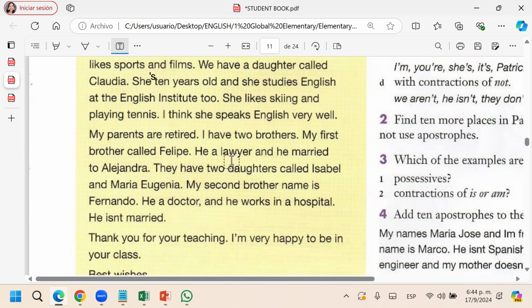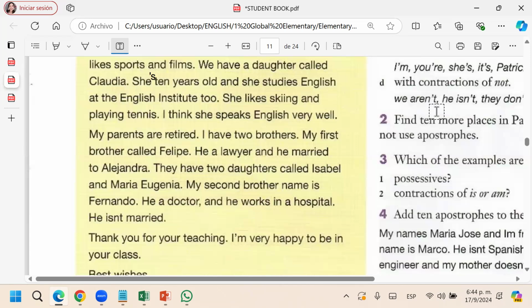They have two daughters called Isabel and Maria Eugenia. My second brother name is Fernando. He a doctor and he works in a hospital. He isn't married yet. Isn't married.